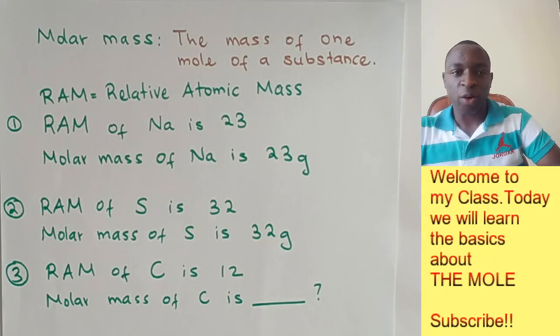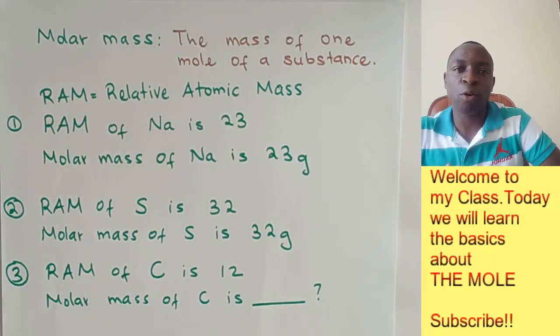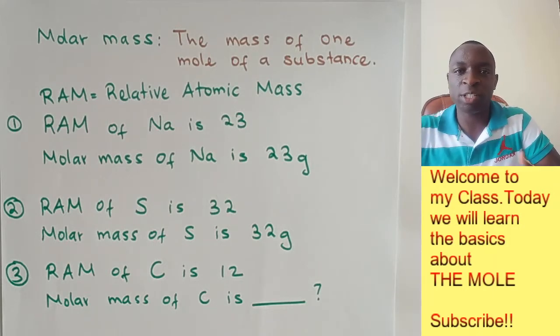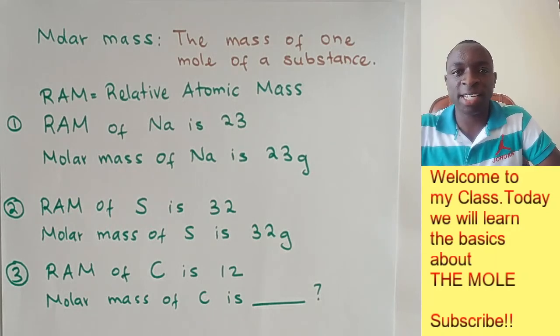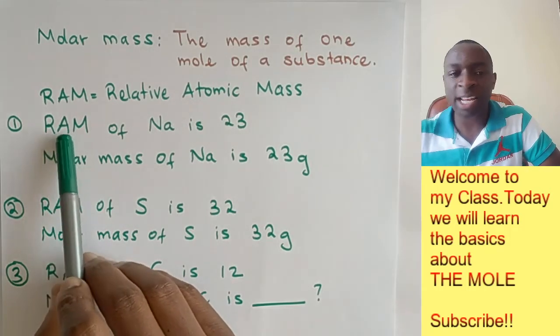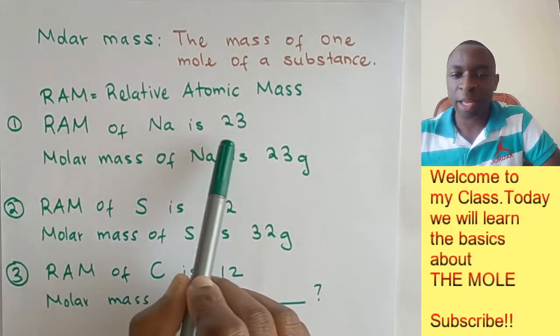So here we go. The molar mass means the mass of 1 mole of a substance. This molar mass is closely related to what is known as the relative atomic mass, usually abbreviated in chemistry as RAM. For example, the relative atomic mass of sodium is 23.